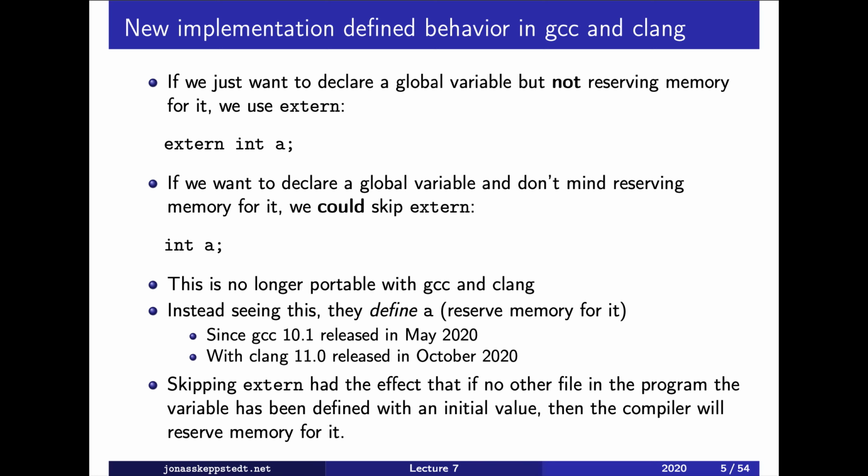So, if we want to tell the compiler that there exists a global variable with a certain name and type, then we should use extern int. And before this change to GCC and clang, we could skip the extern. GCC changed this in May and clang in October. And I will now show what happened.